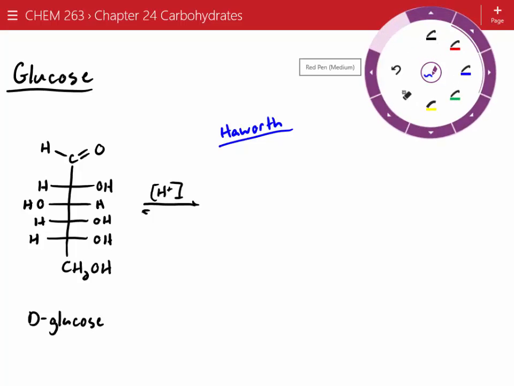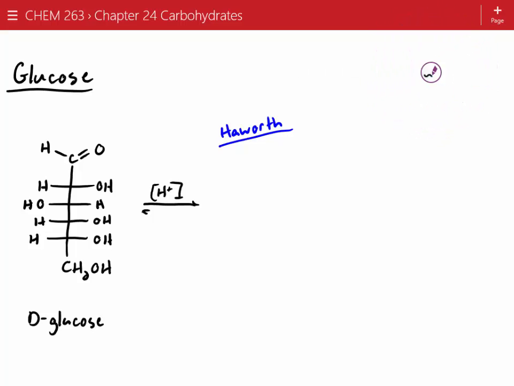When we draw it this way, we view it as an edge-on view for carbohydrates. So we've got one side of the ring coming towards our eye, and the back one going back like that. Then we just draw vertical lines for all of the carbon positions.